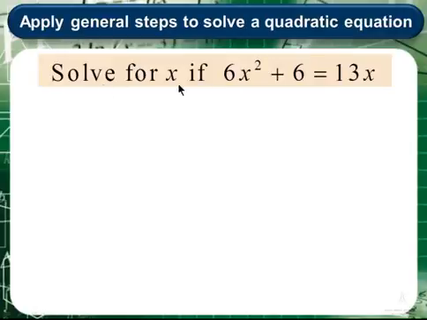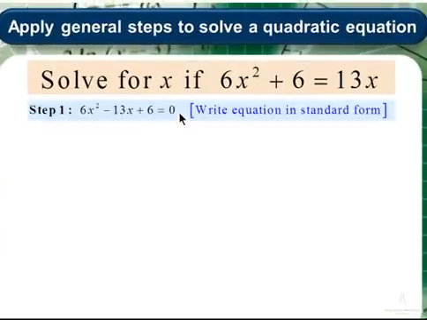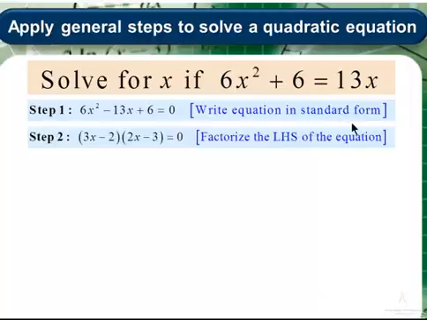We will now demonstrate the general steps that apply when one solves a quadratic equation. Let's have a look at this particular quadratic equation, and we have to solve for the unknown x. In this case we will apply factorization. So the first step is to rearrange the equation, in other words to write the equation in the standard form as discussed in the previous slide.